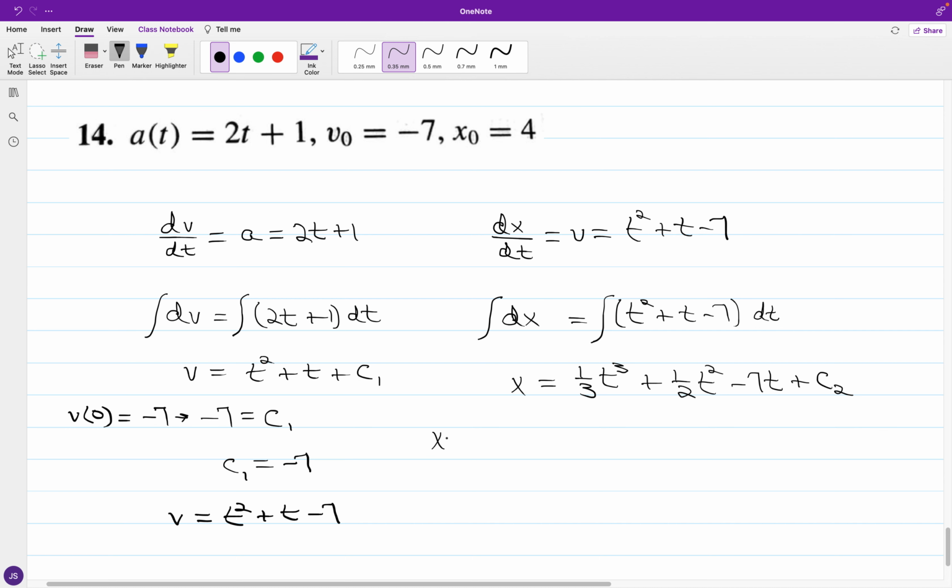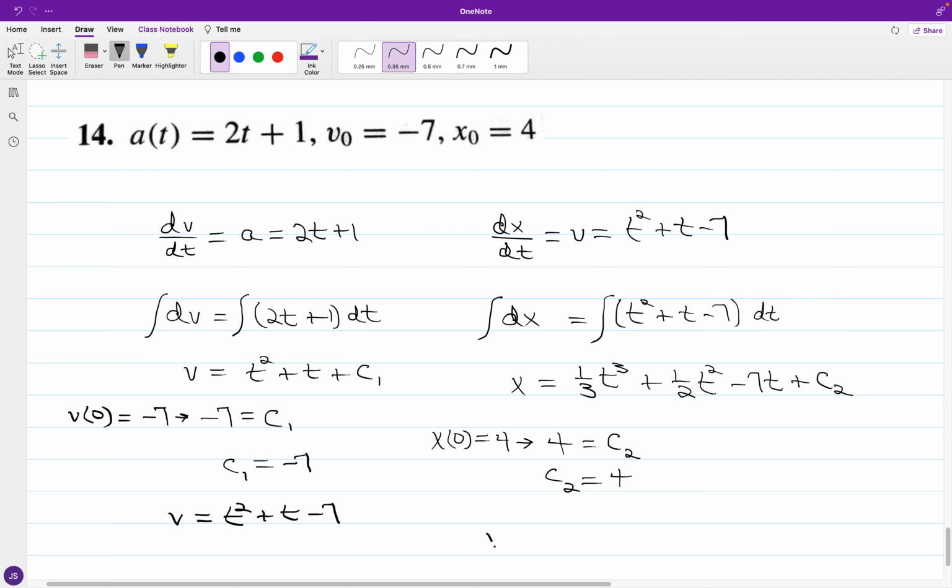And in solving for the second constant, we have that x naught is equal to 4. So x is going to be at 4. And for the parametric terms, upon setting t to 0, we have the items right before the constant to be rendered negligible. So you're going to have that c sub 2 is equal to 4.